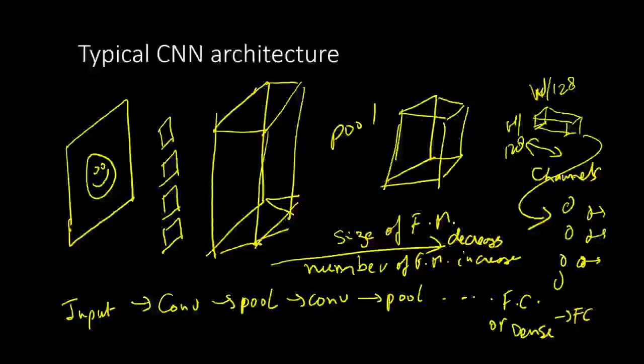But to detect those complicated parts, we have to look at larger and larger receptive fields on the original image. Because of that, the spatial size of the feature map, the W and H, decreases, but the number of channels, which is C, which is the RGB here, just 3 here, and let's say 25 here and whatnot, keeps increasing.